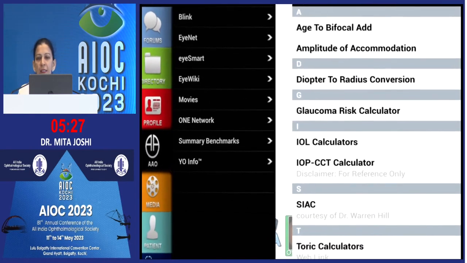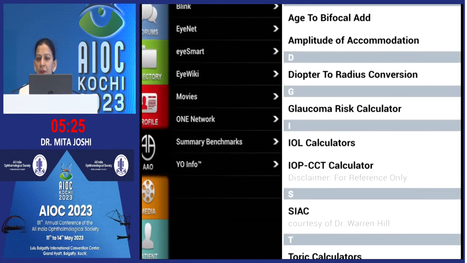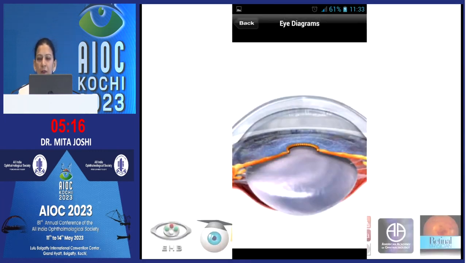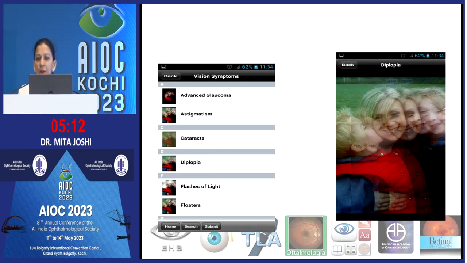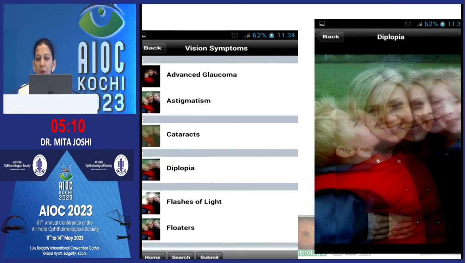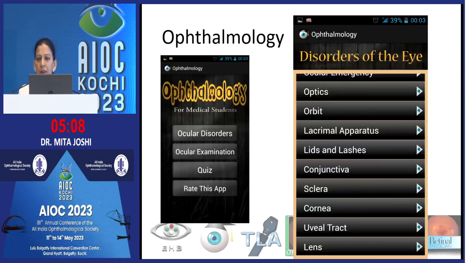You have calculators like the bifocal add, amplitude of accommodation, radius conversion, IOL calculators, and your SIA calculators, which directly connect to the online calculators. There are diagrams in the app so that you can explain to your patients like diplopia, glaucoma, and other symptoms which the patient would have.